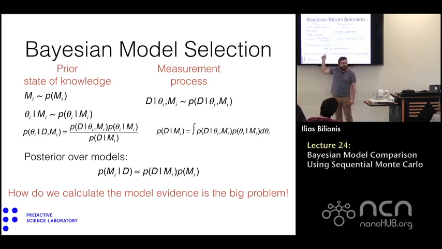And guess what's going to happen here? If you don't have enough data, the Bayesian approach will tell you, well, I cannot select a model. It's not going to select a model no matter what. It will tell you, look, maybe you should do more experiments. 10 experiments are not enough.